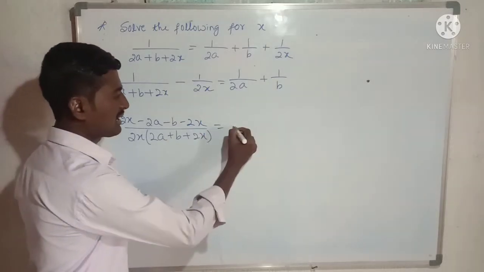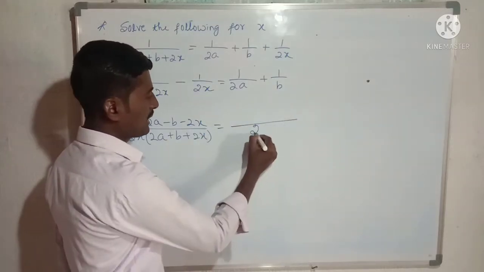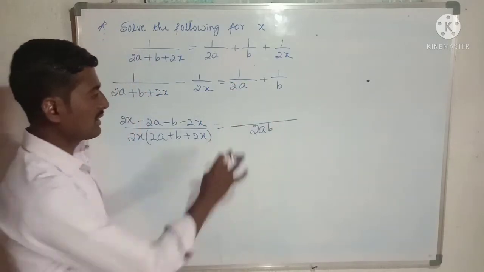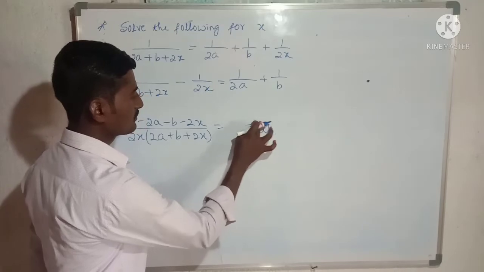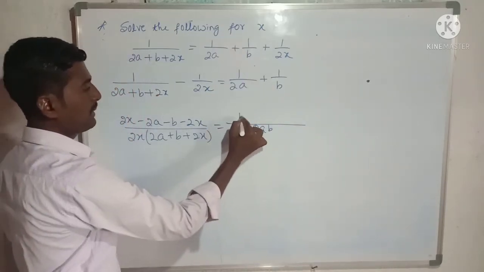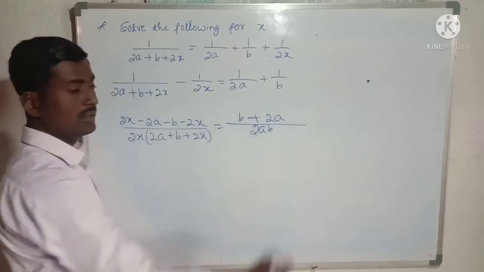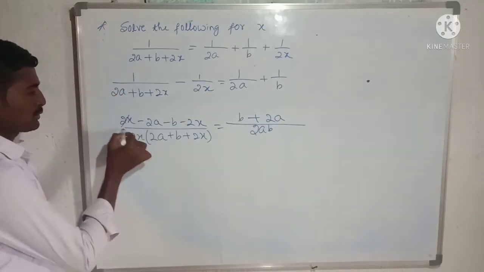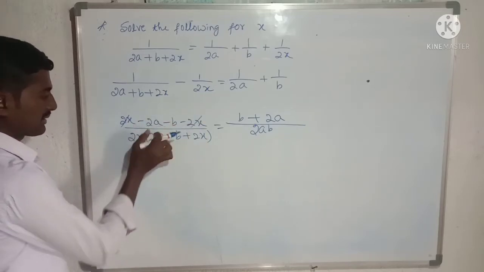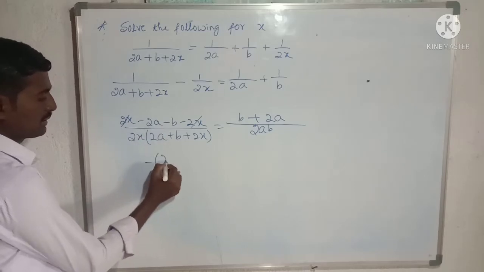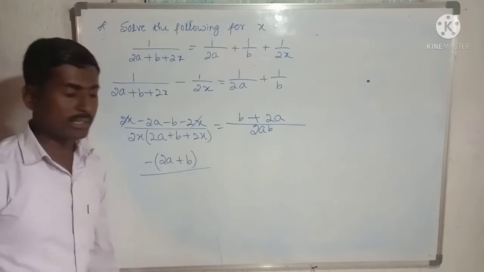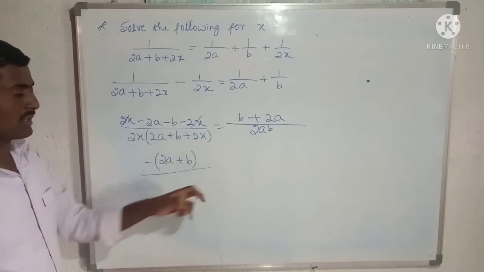Now this is equal to, here also LCM, that is 2a into b, that is 2ab. Now in numerator what you will get? In numerator, so you are getting it as b plus 2a. Now here plus 2x minus 2x will get cancelled. Let us take a minus sign common here. I will take minus sign common inside plus 2a plus b denominator. Now let us multiply this.